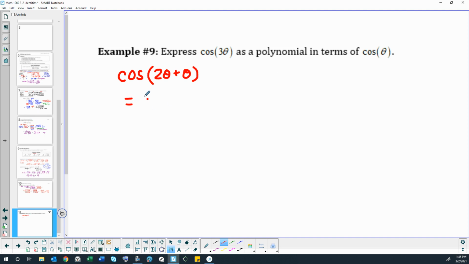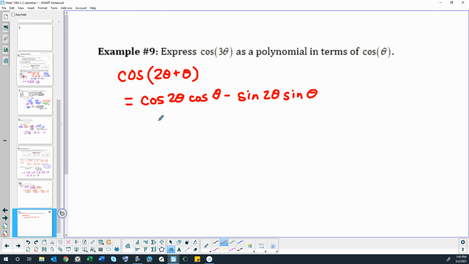So using a sum identity, that would give us the cosine of 2 theta times the cosine of theta minus the sine of 2 theta times the sine of theta.